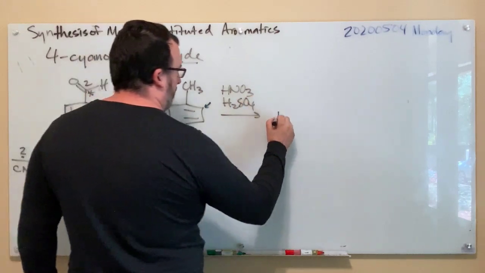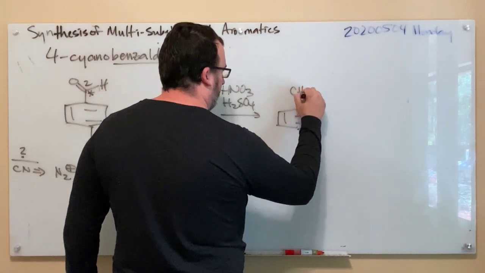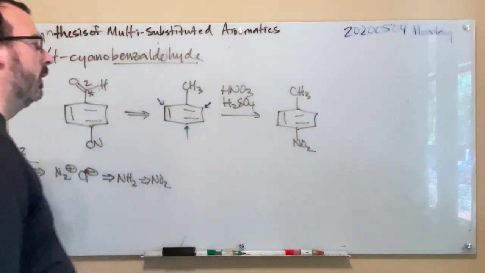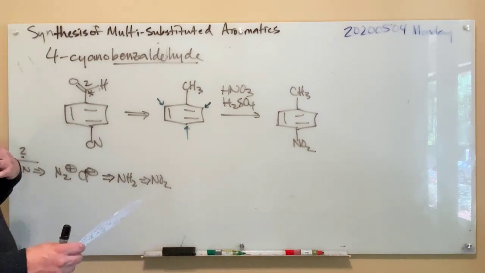So that's going to get us that desired relationship. So what you can see now is just a series of functional group transformations.